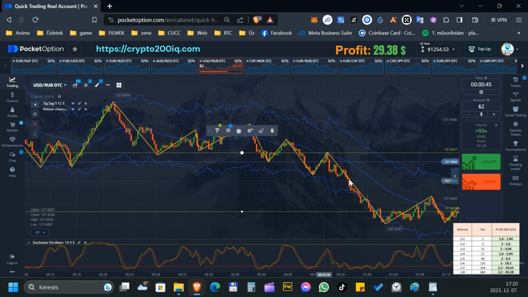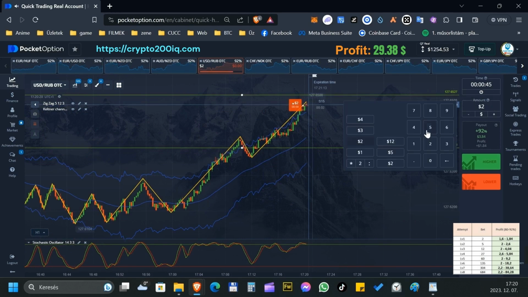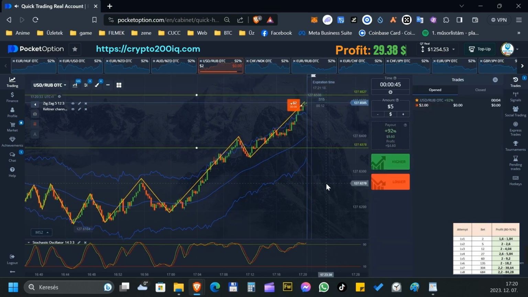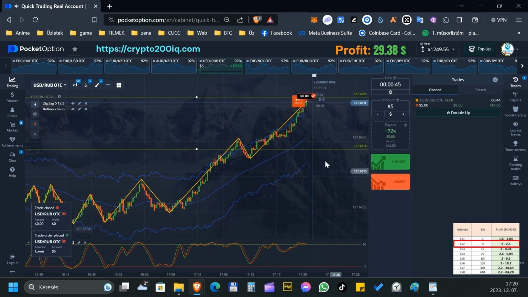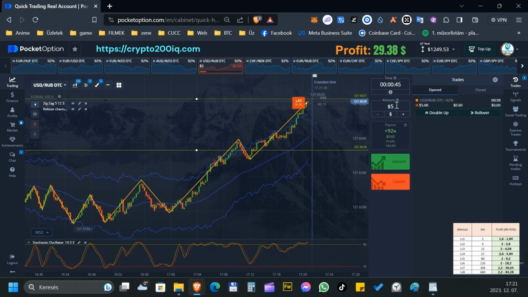We also have other peaks. And it will be worth setting the next bet.